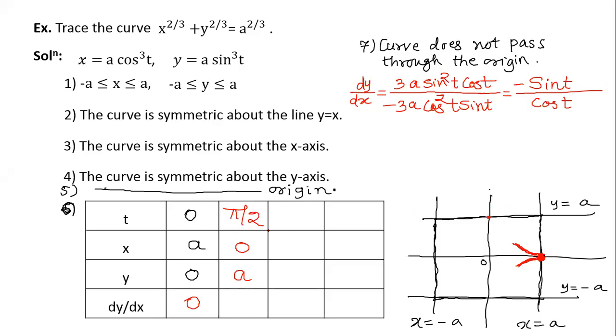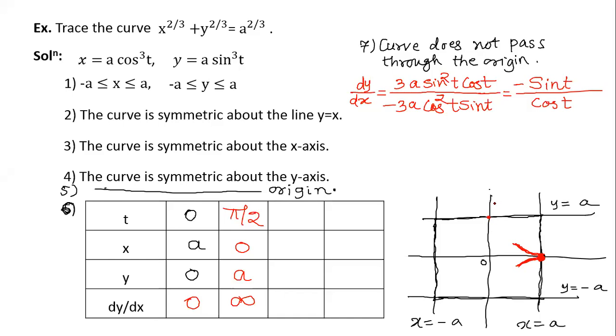And what is dy by dx at this point, t equal to pi by 2? Sine pi by 2 is 1 upon 0, that is infinity. That means that there is tangent to the curve at the point 0 comma a parallel to y axis.